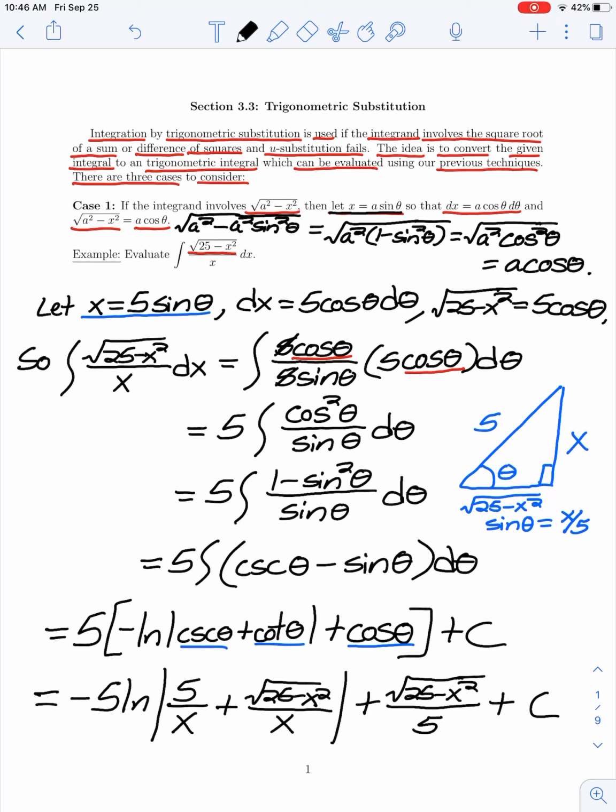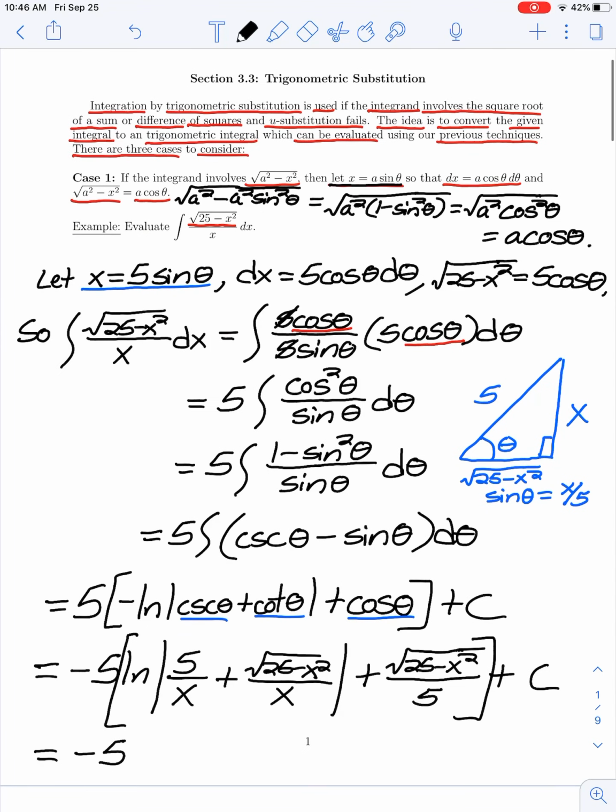So let's see, for the sake of simplicity, that constant negative 5, let me keep out in front for right now. And then distributing this constant of negative 5, I have negative 5 times the natural log of the absolute value of 5 plus the square root of 25 minus x squared all over x.